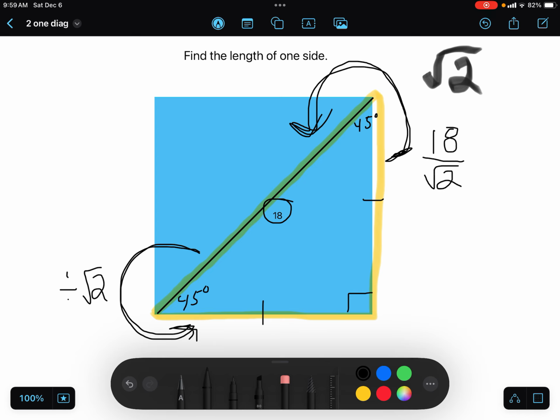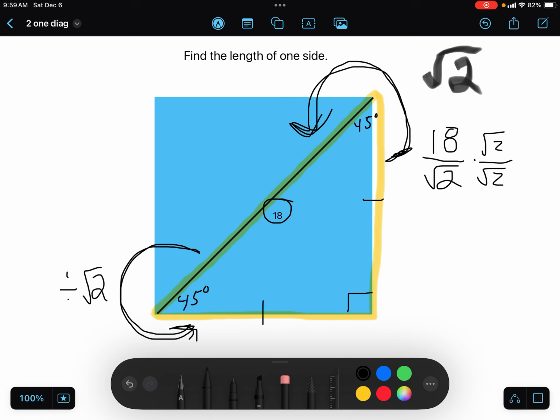Now, you were probably told that your answer to any division problem involving radicals cannot have a square root in the denominator. So we need to rationalize the denominator. And the way we do that is by multiplying the top and the bottom by that square root.